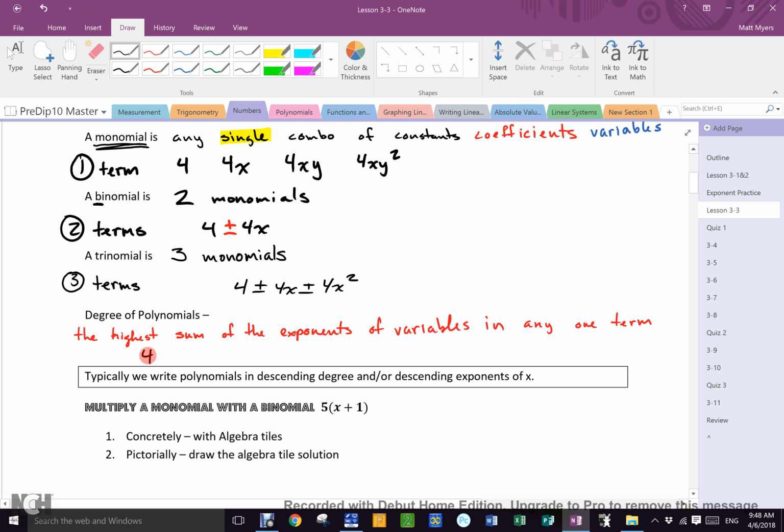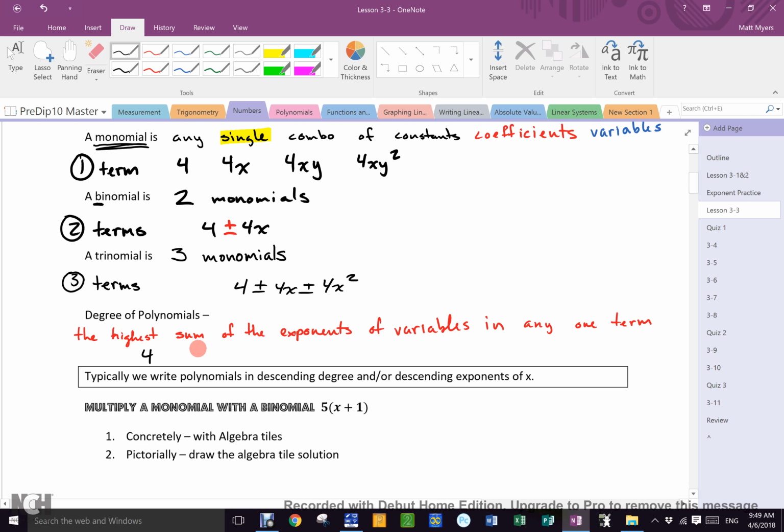There is none. It is 0. Why? Does it have a coefficient? Where is it? I don't see it. Which one is it? The 4 with the purple dot over it. You're not quite right. There's no variable. So that is a 0 degree polynomial.